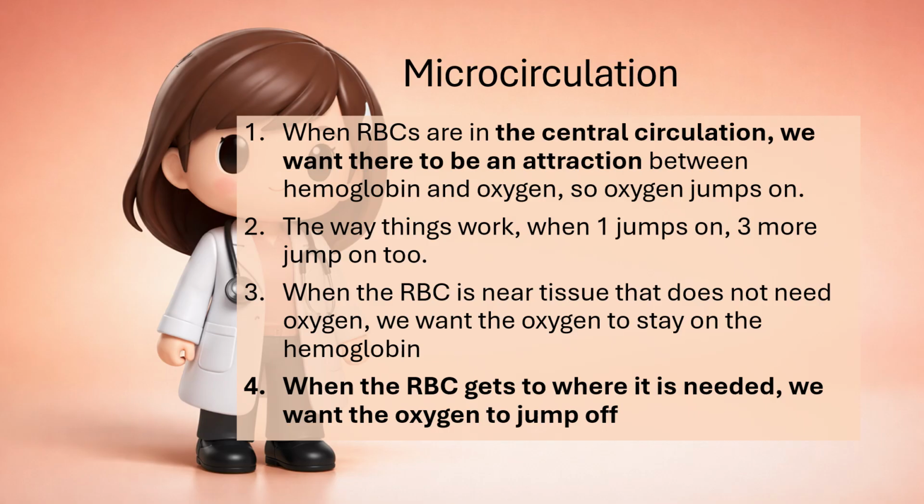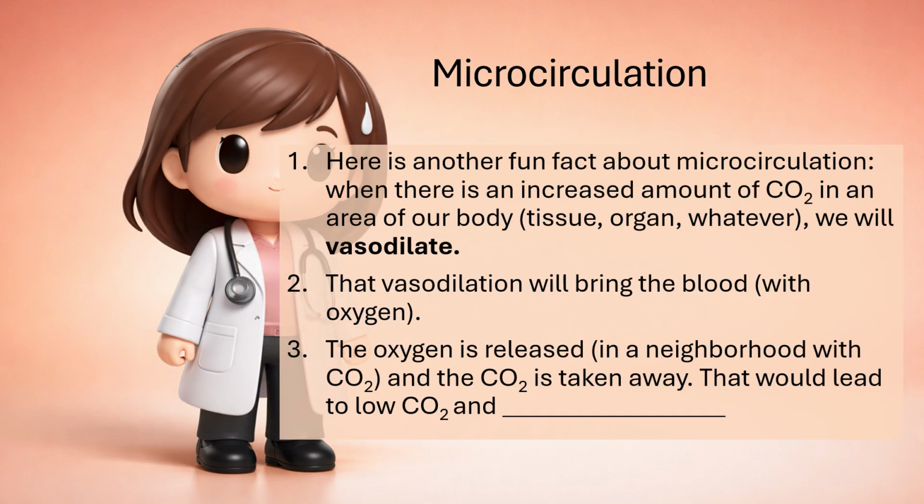When it gets to where we want it to be, there'll be a low amount of oxygen there. There'll be less of an affinity between oxygen and hemoglobin, so the oxygen jumps off where we need it. So we vasodilate with lots of CO2, and then we vasoconstrict where the CO2 is taken away. So we vasoconstrict again, wait for it to build up, we'll vasodilate, and here comes the blood with the oxygen to fix that area.